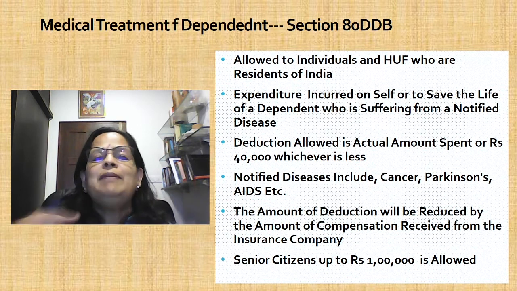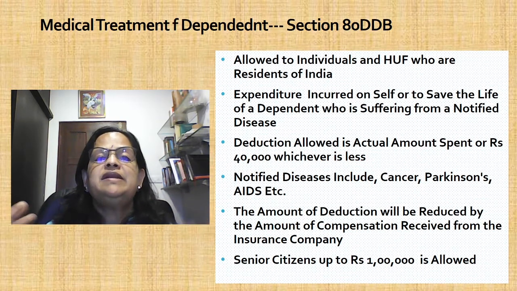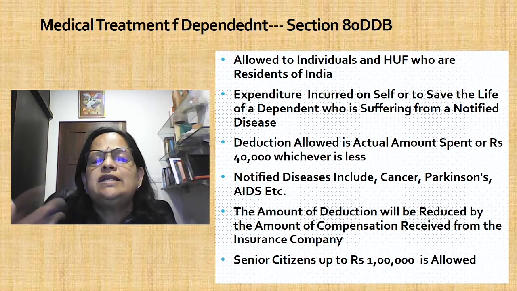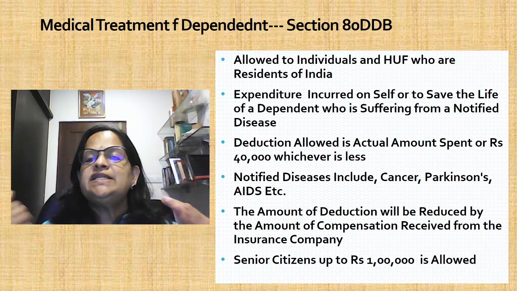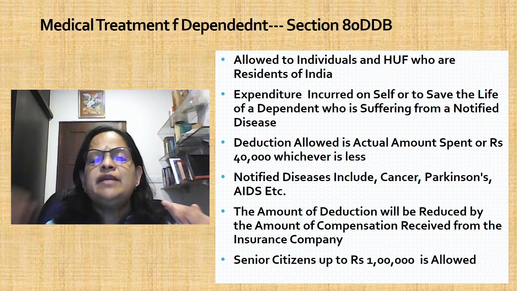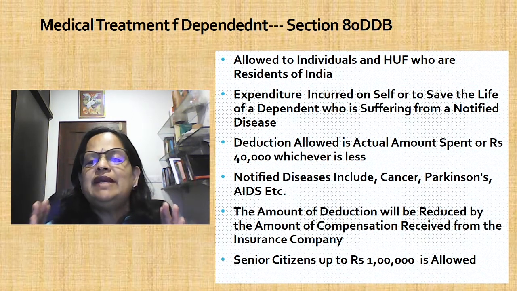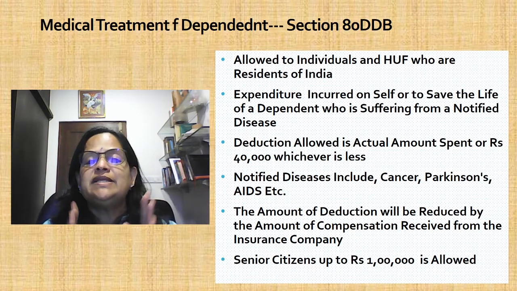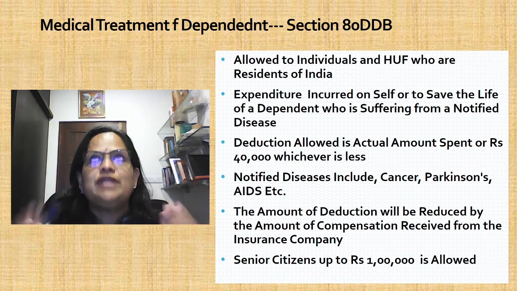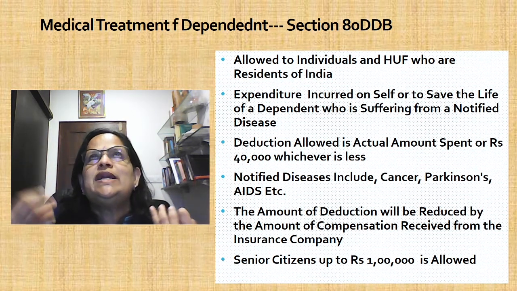So this is to help the assessee who is taking care of the treatment of a dependent relative. It can be children, own brothers, sisters, parents, anybody. Notified diseases include cancer, Parkinson's, AIDS, COVID-19 and so on. So the deduction they will get is the actual amount spent or rupees 40,000, whichever is less. There is also one adjustment there, you have to remember.